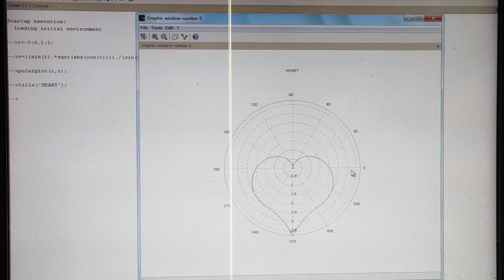First you have to give T, then only you can find out the value of R. After that it depends upon you whether you will give the title or not. Okay. So you will give the title, and the name of the title should be within the inverted comma. Okay. After that copy the program and paste on the console, and then press the enter key. You will get the graph.